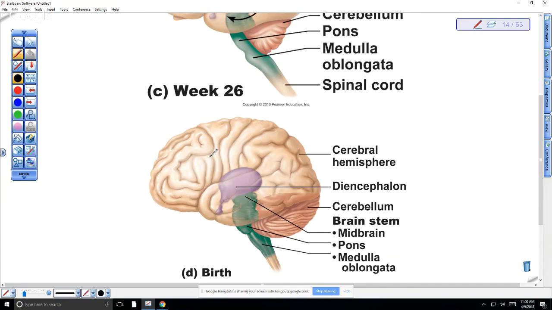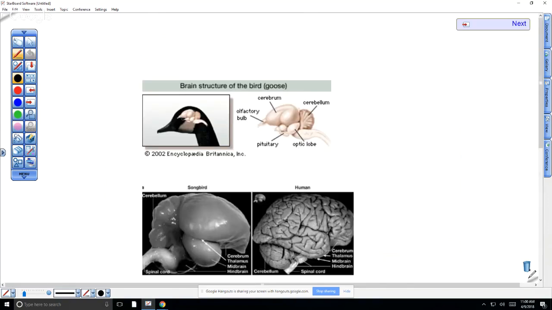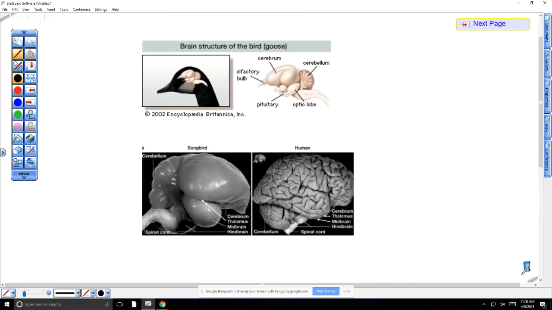And so when we look at some animals, like birds, they do not have ridges and grooves. So the idea is, well, maybe they do not have as much surface area for conscious thought. But recently, they have discovered something very interesting about bird brains. They couldn't figure out how crows and ravens and corvids could be so intelligent.